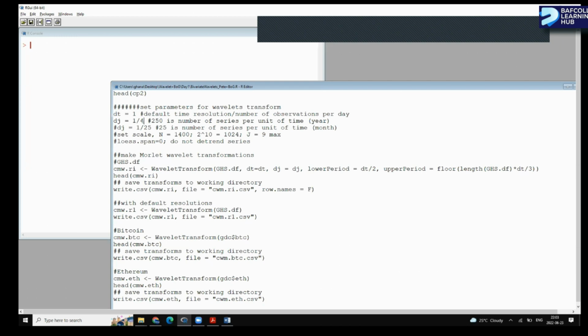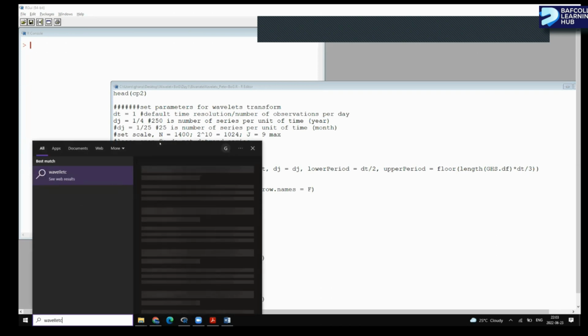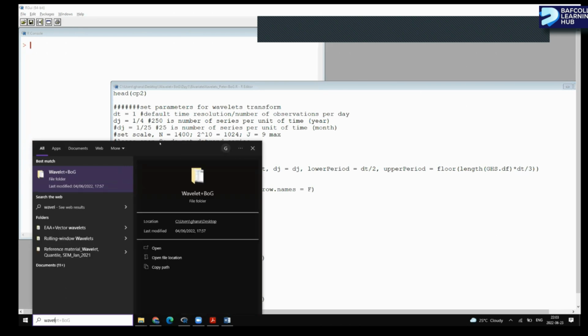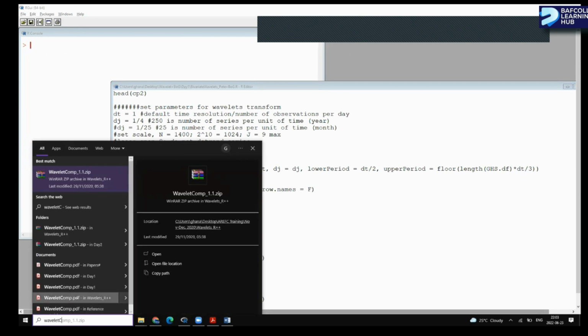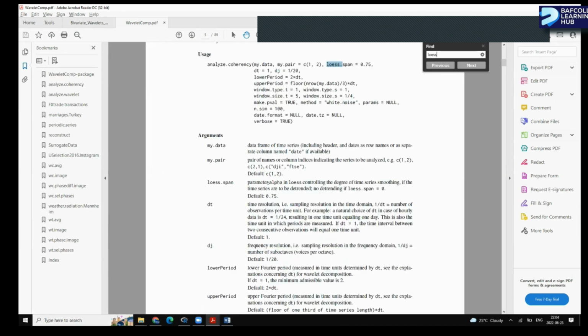Okay. We said we're going to detrend. So let me check briefly. The lowess span parameter alpha in lowess controls the degree of time series smoothing if the time series are to be detrended.